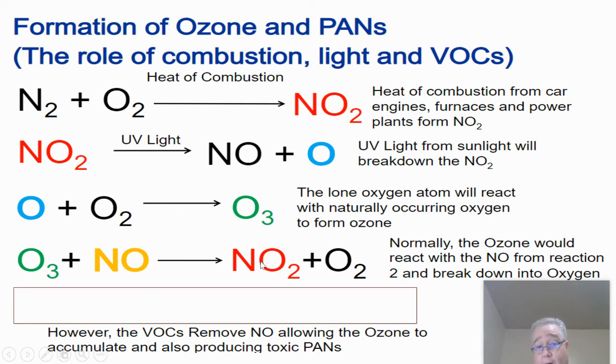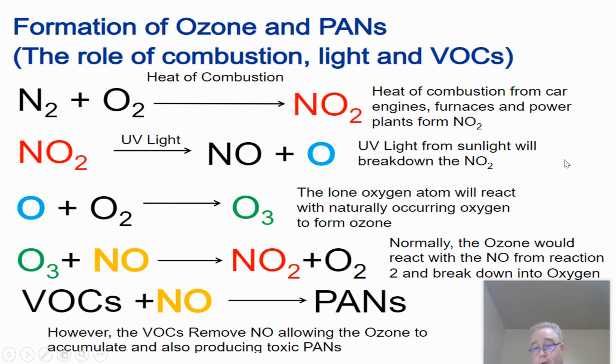And it'll break apart to form NO2 and oxygen. So this is our normal nighttime reaction. If you look at these previous two reactions, we have the buildup of ozone and the breakdown of ozone, or how it builds up and how it gets removed from the atmosphere.